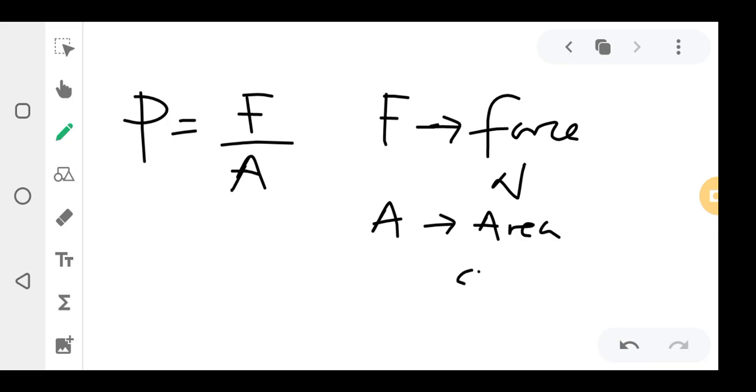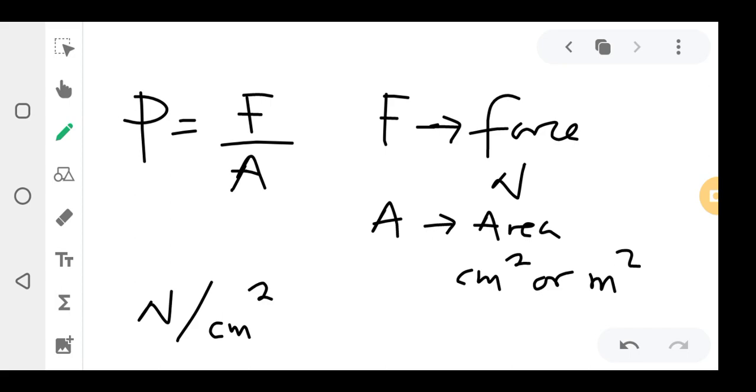The area can be in centimeter squared or in meter squared. That's the reason why I said the units are either newtons per centimeter squared or newtons per meter squared. So those are the two units for pressure.